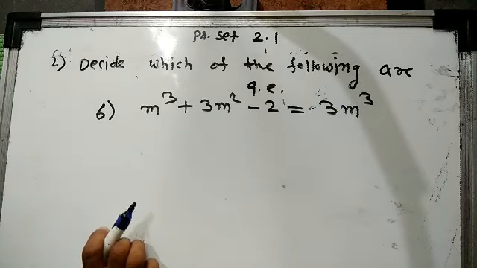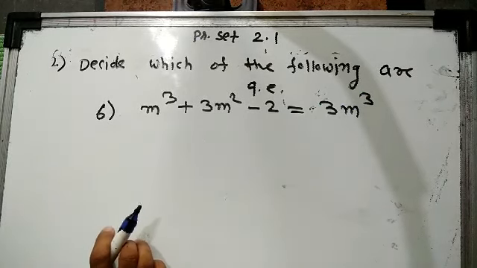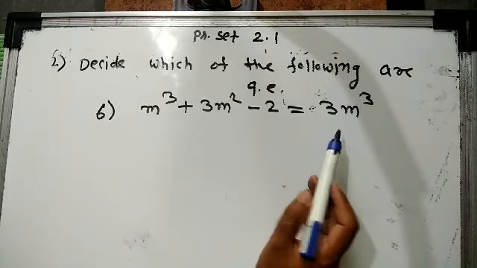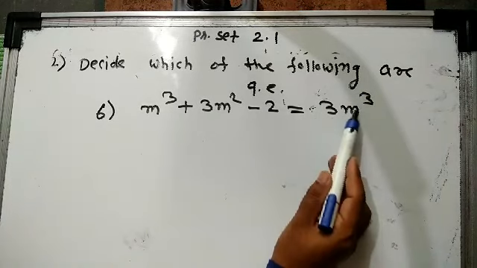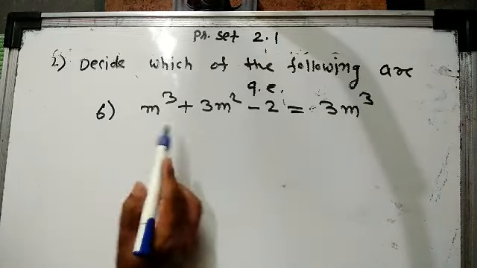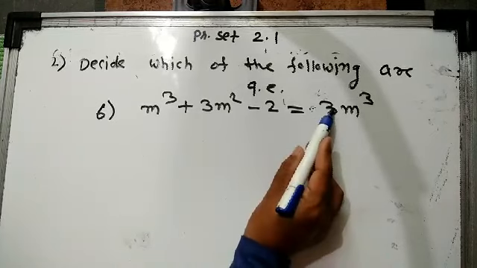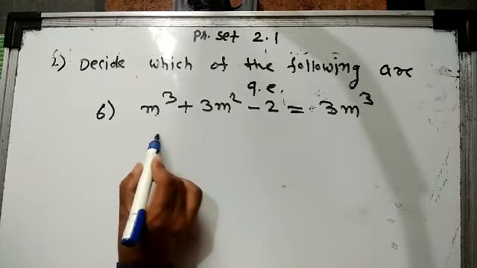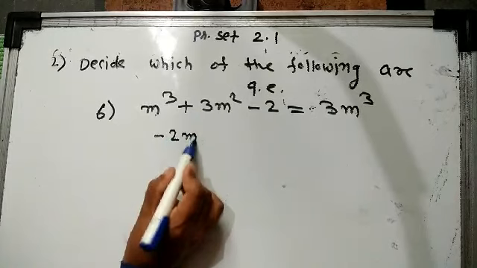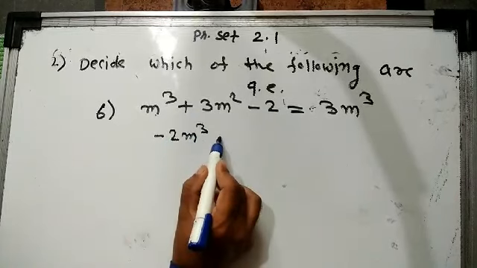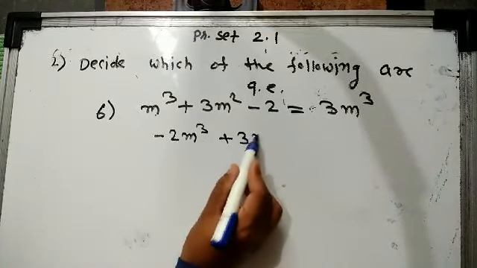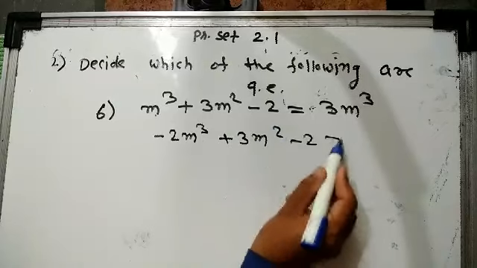You can directly write down the 3m cube. When we write this 3m cube to the left hand side, what do we get? m cube minus 3m cube, that is minus 2m cube, plus 3m square minus 2 is equal to 0.